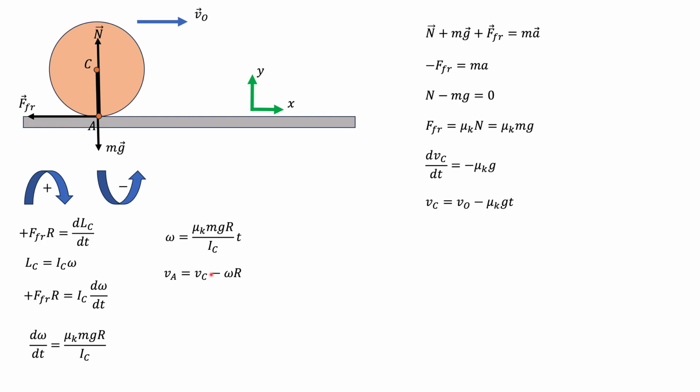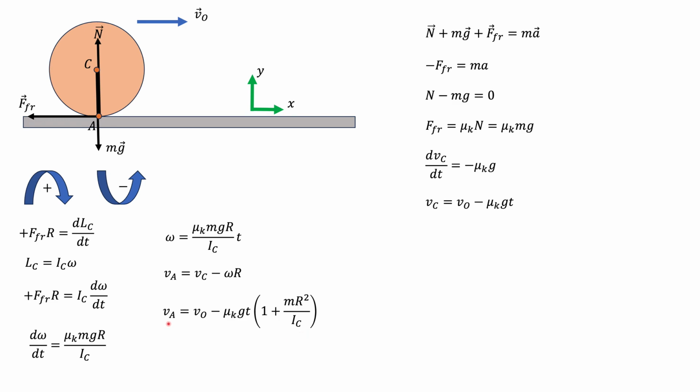That's because when this object is rotating clockwise in a positive direction, when omega is positive, the relative velocity of point A with respect to point C is actually negative. Now we're going to use the formula for Vc from here and the formula for omega from here, and put them in this equation. If you do, this is the relationship you're going to have.